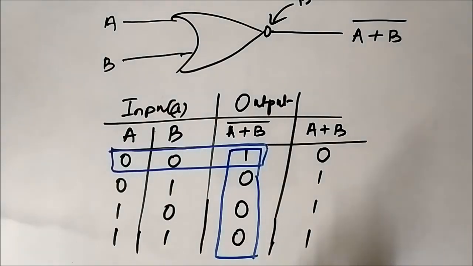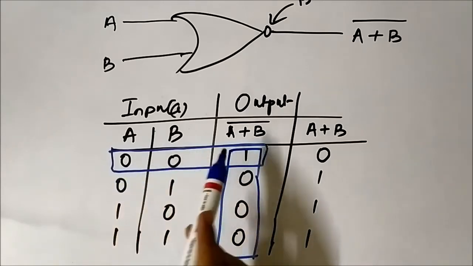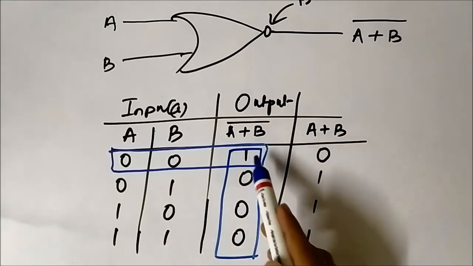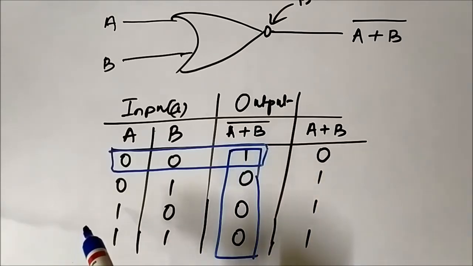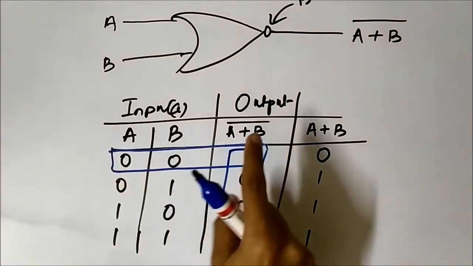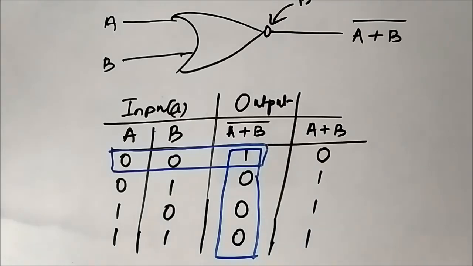It says that when both the inputs are low, the output is high, and in all the other cases the output is low. When both the inputs are low, the output of the NOR gate is high, and in all the other cases the output of the NOR gate is low.